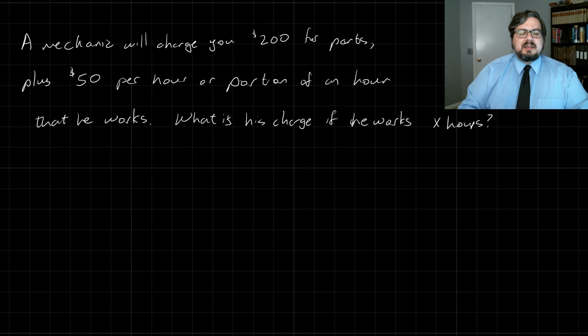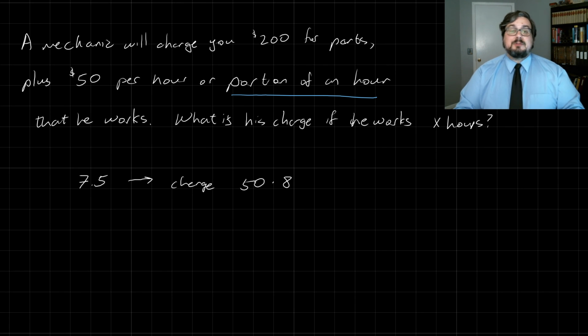But now we want to think about how many hours he is going to work, and how does that play into his $50 per hour or portion of an hour. And this is where the ceiling function comes in. Because if he works 7.5 hours, then he's going to charge $50 times 8 because he worked for 7 hours and then a portion of an hour.